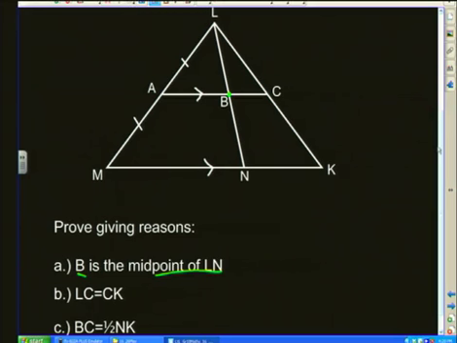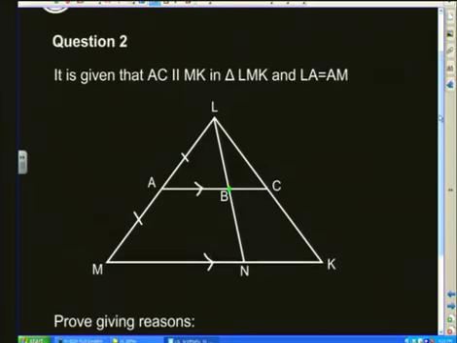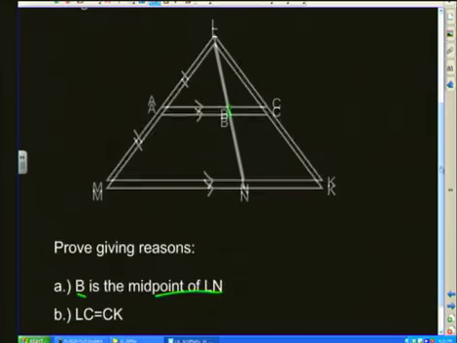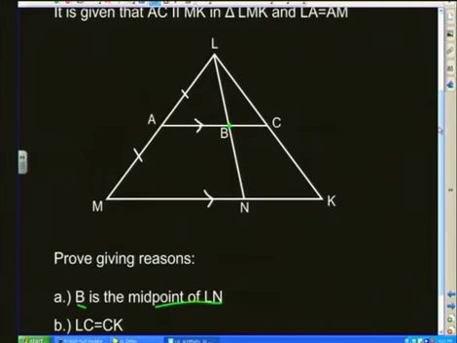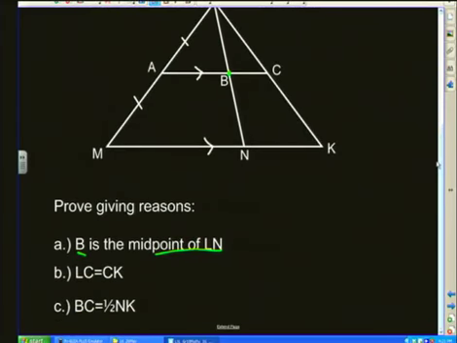Okay, so let's analyze. What do we have? We know from the given information that AC, the whole of the length AC, is parallel to MK. We also know that A is the midpoint of LM. Therefore, before we write anything down, we can already see it's similar to the other ones we've done.